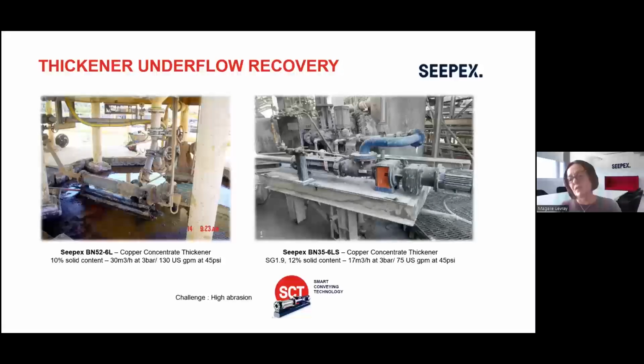It is very convenient to have SCT technology when we have challenging fluid with high pressure and high abrasion. The SCT technology really allows good availability of the equipment and minimizes downtimes to a maximum.